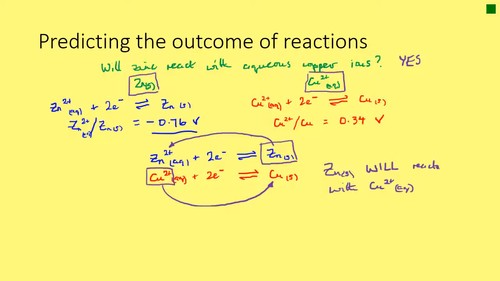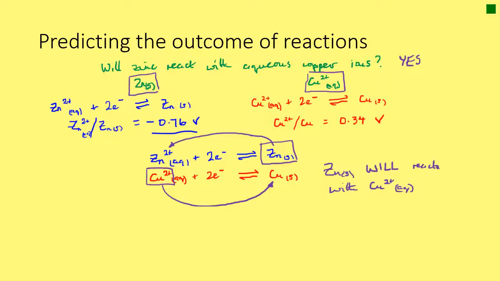Then we do the same for copper, let's do copper in red. In the reduction direction we start off with copper aqueous ions, and they also accept 2 electrons to form copper metal. So we've got the two reduction reactions down. At least the forward reaction is the reduction reaction for both zinc and copper.